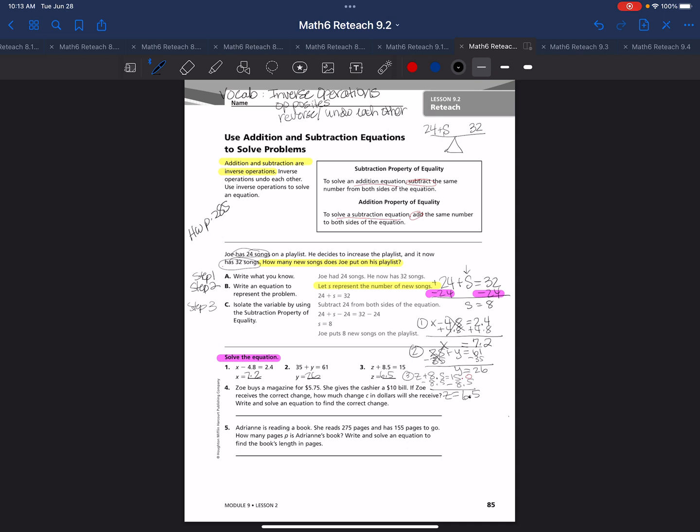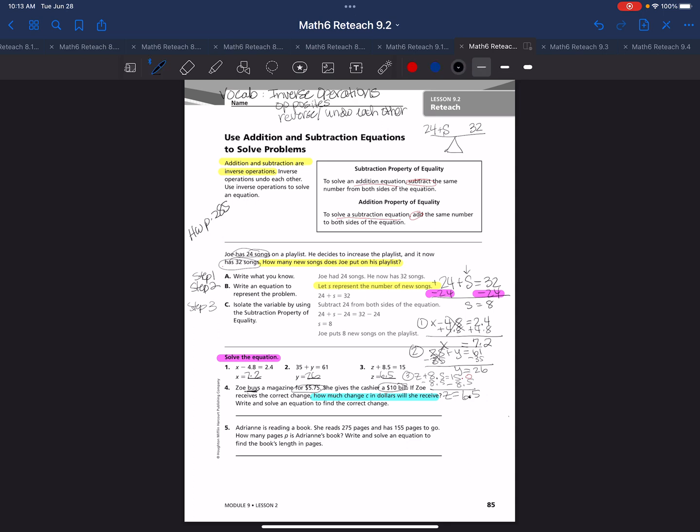All right, let's do question 4. Zoe buys a magazine for $5.75. So we know she's spending that money because she's buying it. She gives the cashier a $10 bill. If Zoe receives the correct change, how much change in C dollars will she receive?